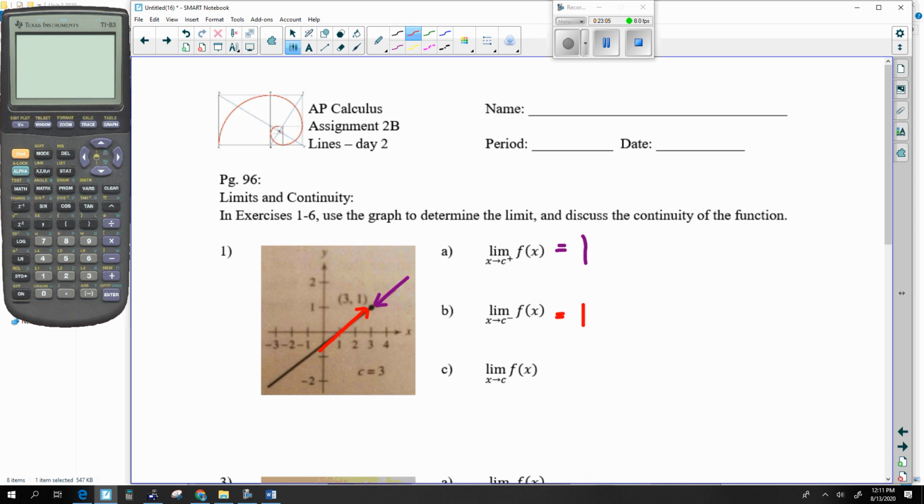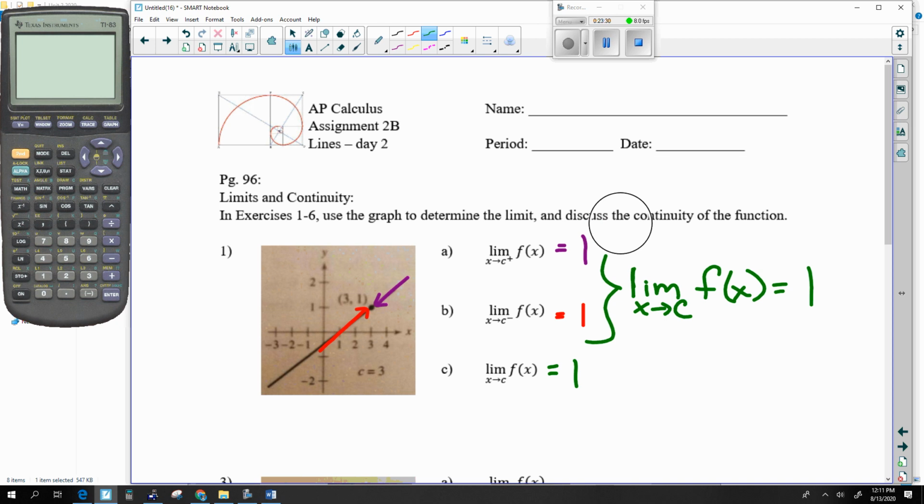All right, if the limit from the left and the right are equal to each other, that implies that the limit itself is equal to whatever they're equal to. If they're not the exact same thing, the limit itself does not exist. That implies that the left does not match up with the right.